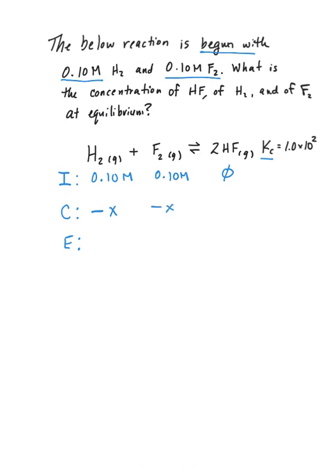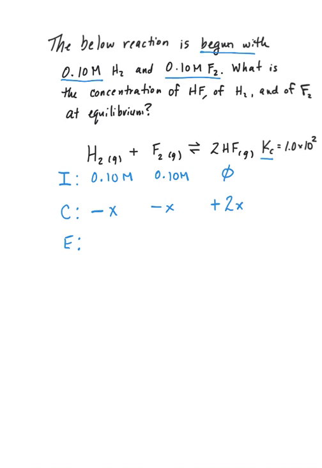And because we have a stoichiometric equivalent amount of both hydrogen and fluorine, we expect both hydrogen and fluorine's concentrations to change by an equivalent amount. Our hydrogen fluoride product, however, will increase in concentration, so its change is positive. And stoichiometrically, there's twice as much hydrogen fluoride produced as either hydrogen or fluorine consumed, so its change will be reported as 2x.